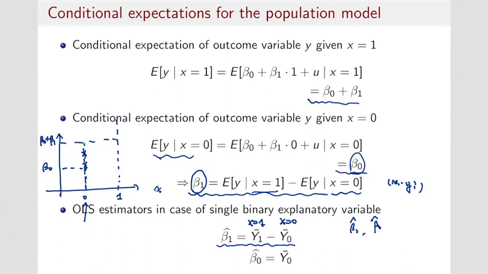And beta 0 hat is the average of the outcome y for the control group. Also notice that these two equations only hold for the simple linear regression model. If we have additional independent variables besides the binary x, we cannot estimate beta 0 hat and beta 1 hat based on the sample average for different groups.